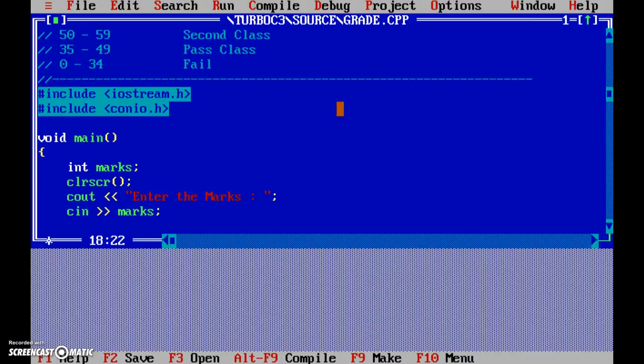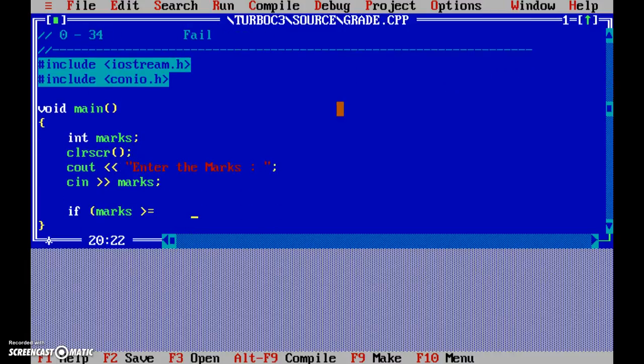That means it should be greater than 85 and marks is less than or equal to 100. Now the reason we have to check for less than 100 is because the user may enter 105. Remember, we are basically talking in terms of percentages. So the marks is going to be entered in percent. So it can't be more than 100%.